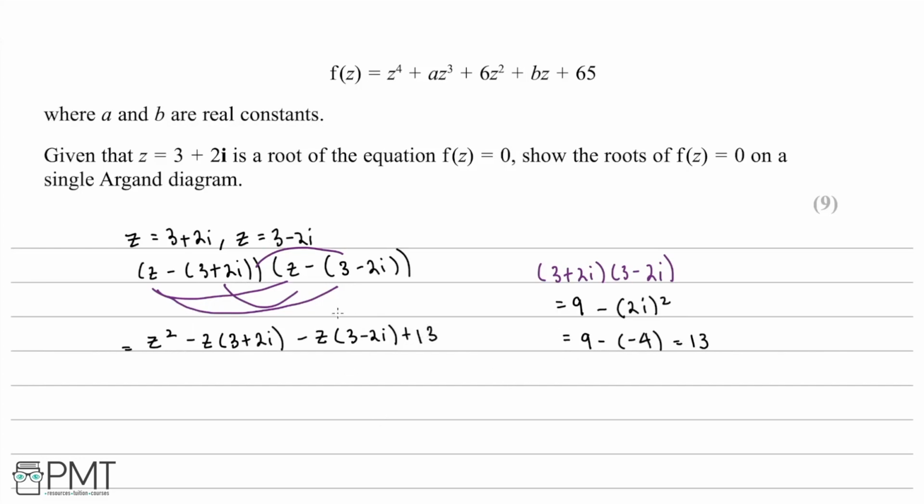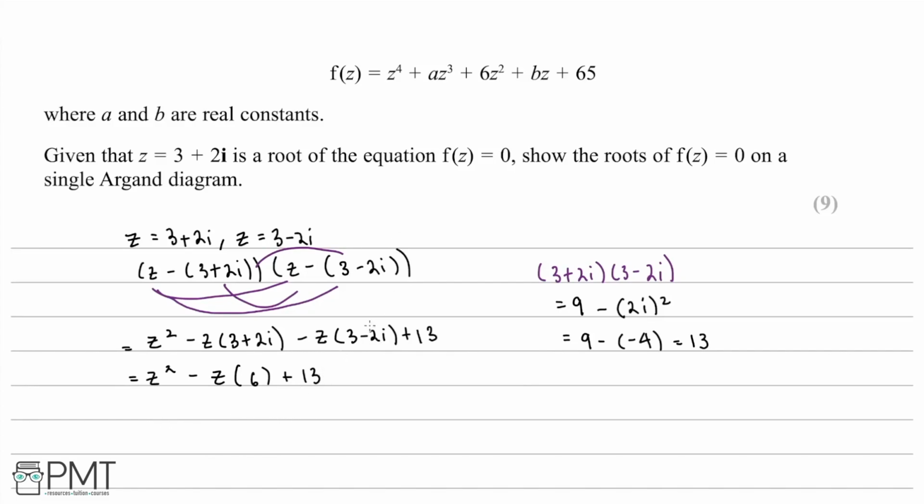Great, so now we know a quadratic factor of f of z. We can simplify this a bit further, as we can rewrite this as z squared minus z times 3 plus 2i plus 3 minus 2i, which would just be 6, plus 13. So now we know that there is a quadratic factor of z squared minus 6z plus 13 of f of z.